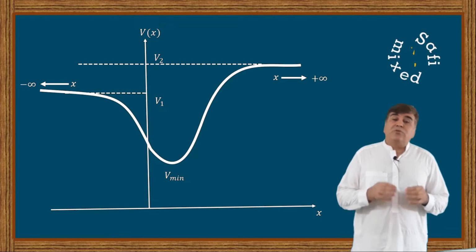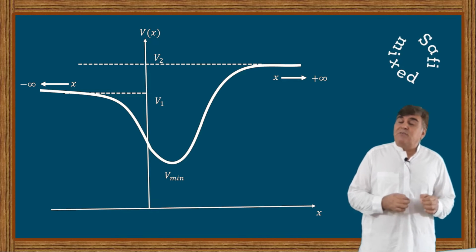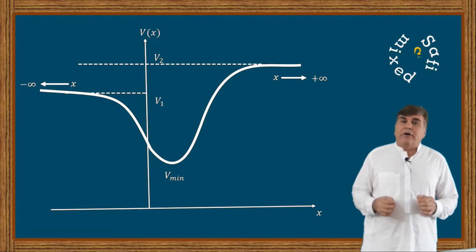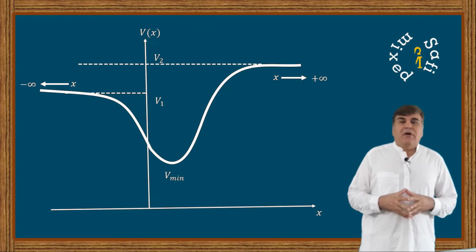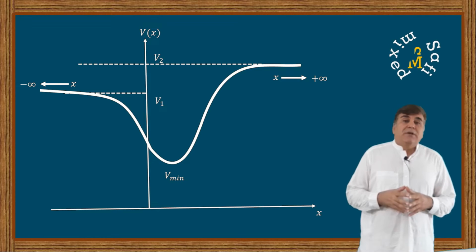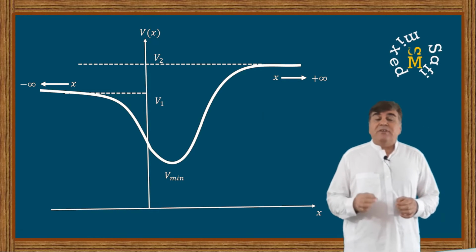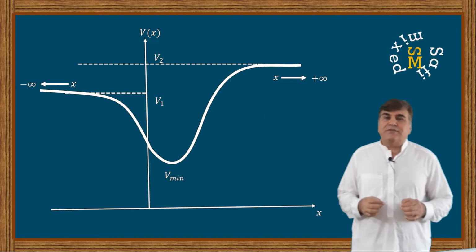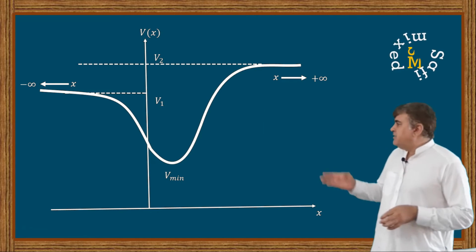However, the solution could either represent bound states or scattering states of the particle. Let us understand the difference between these two types of states through the shape of this potential.